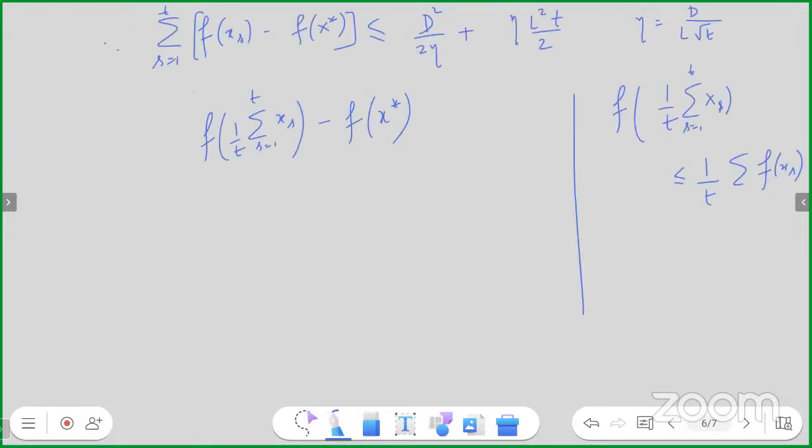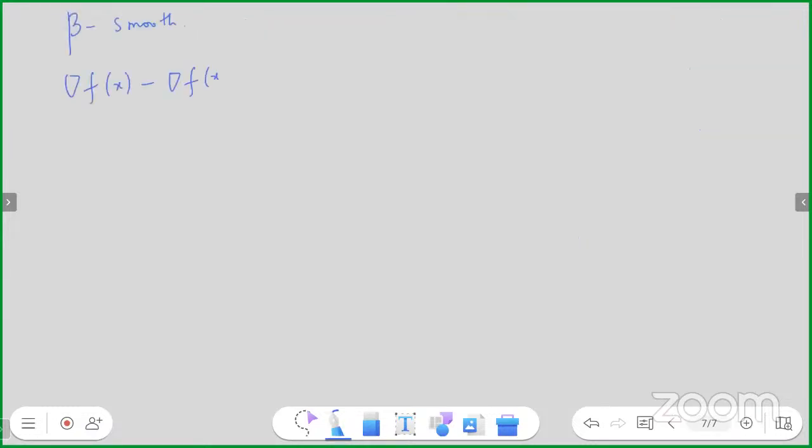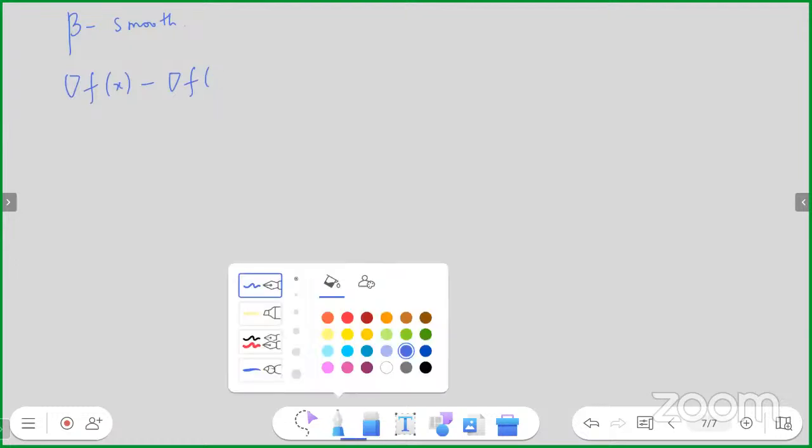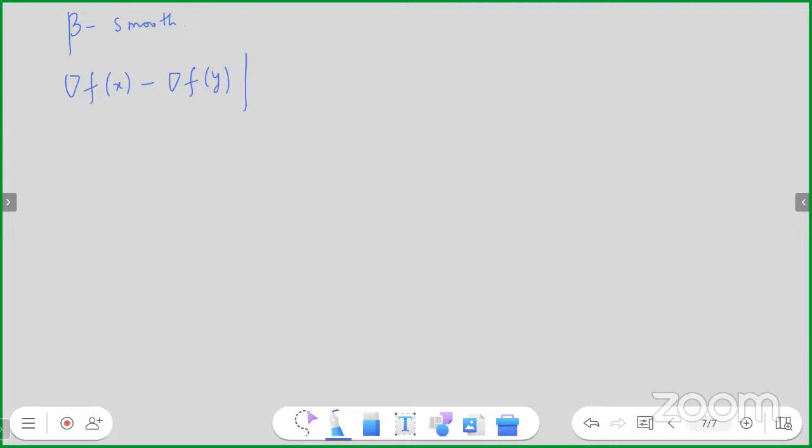So what was our definition of beta smooth? When the gradients themselves are Lipschitz. Okay.